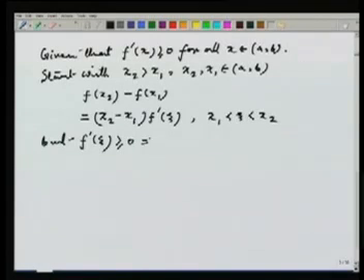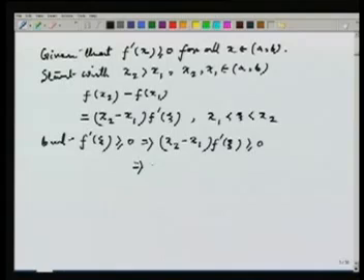This would then imply that (x2 minus x1), which is anyway non-negative because x2 is bigger than x1, times f prime xi is bigger than or equal to 0. But that would then imply that f(x2) minus f(x1) is bigger than or equal to 0.